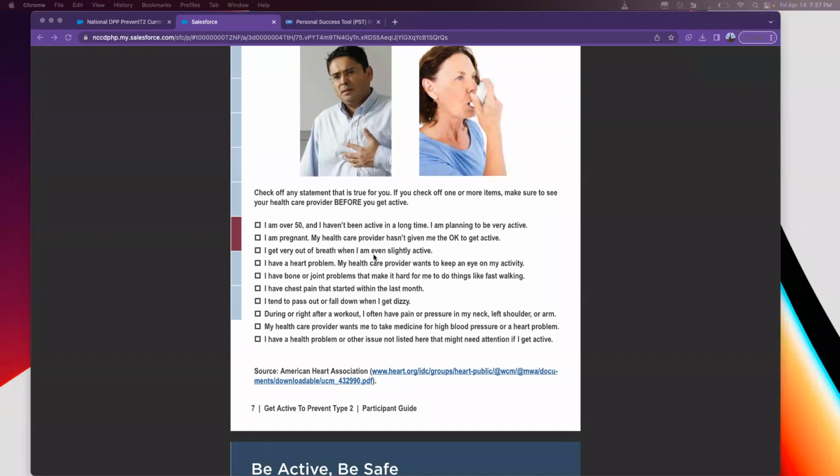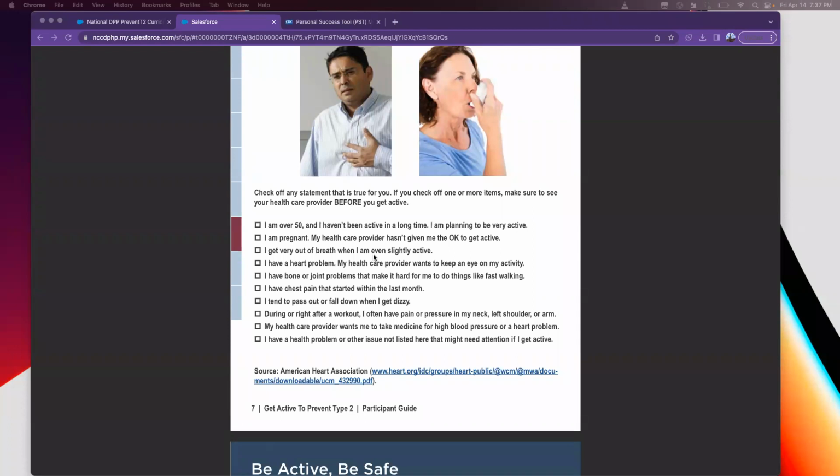And the second one is, I'm pregnant. My healthcare provider hasn't given me the okay to get active. I get very out of breath when I'm even slightly active. I have a heart problem. My healthcare provider wants to keep an eye on my activity. I have bone or joint problems that make it hard for me to do things like fast walking. I have chest pain that started within the last month.